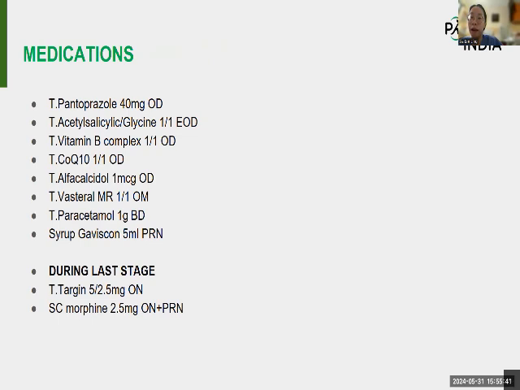Because the patient has IHD, she is on isosorbide MR 1 in the morning, Panadol paracetamol 1 gram BD, and syrup Gaviscon 5 ml PRN. During the last stage, our doctor added on tablet Targin 5 over 2.5 mg at night, and subcut morphine 2.5 mg at night and PRN due to the patient's complaint of frequent night pain.